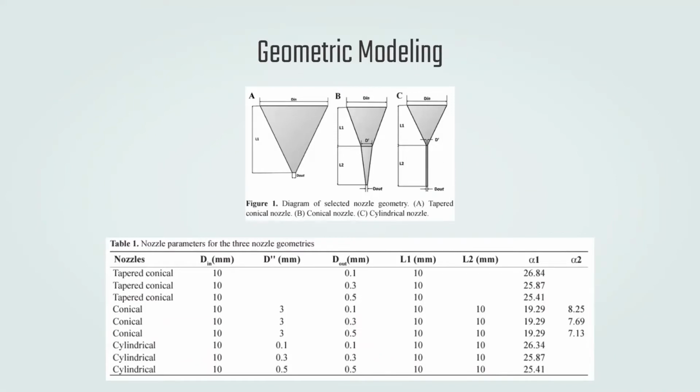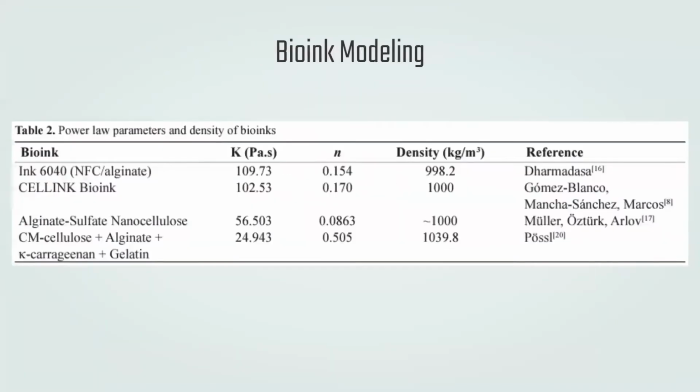All of the inlet diameters have been kept constant for all kinds of nozzle geometry at 10 millimeters, whereas for the tapered conical nozzle geometry, the outlet diameter is varied between 0.1, 0.3, and 0.5 millimeters.